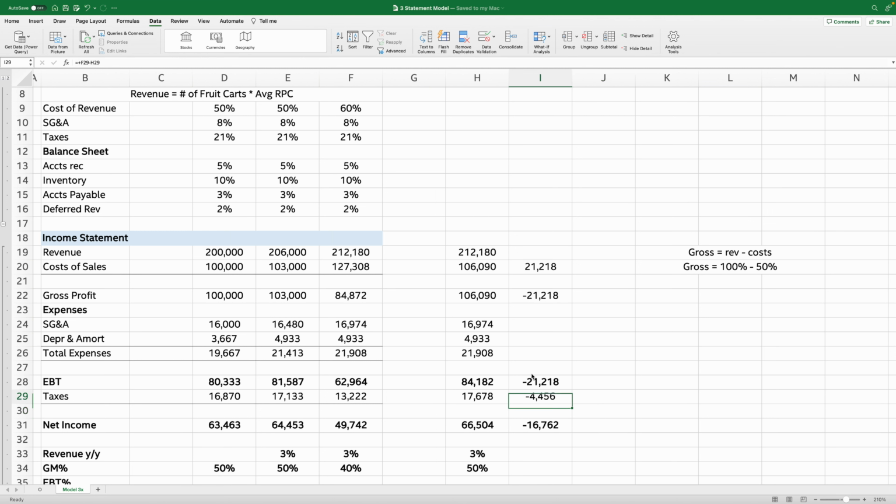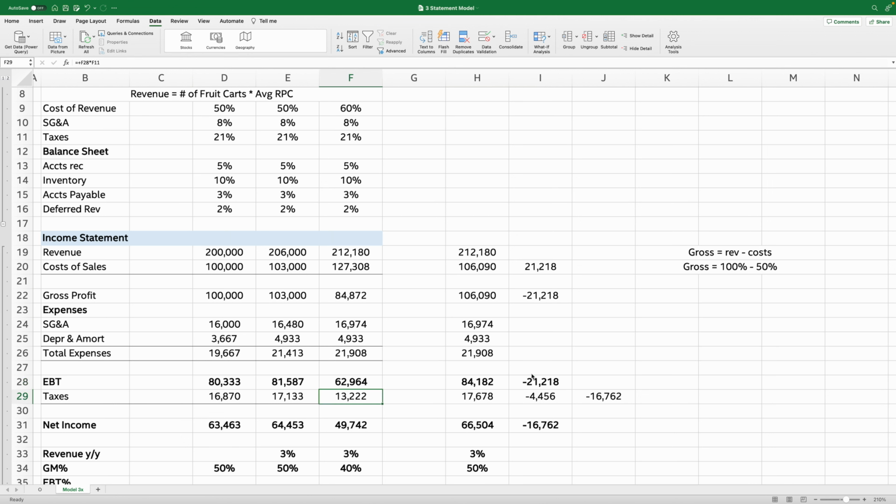Said differently, minus 21,218 plus 4,456. What would that get us? It should have been a negative, which gives us 16,726.